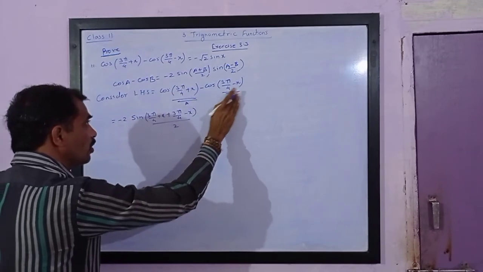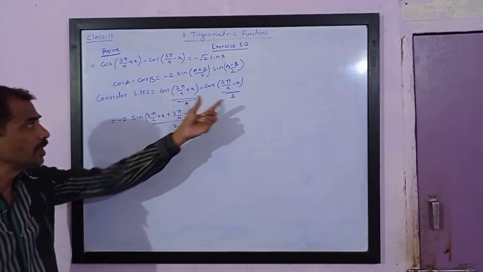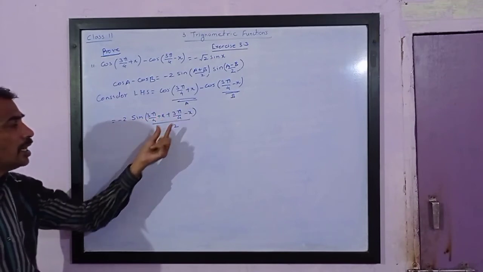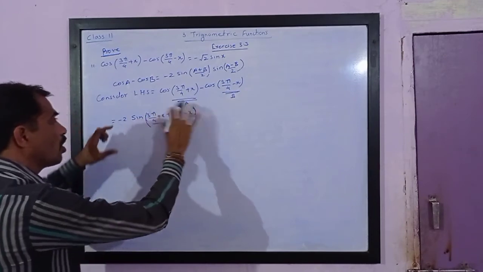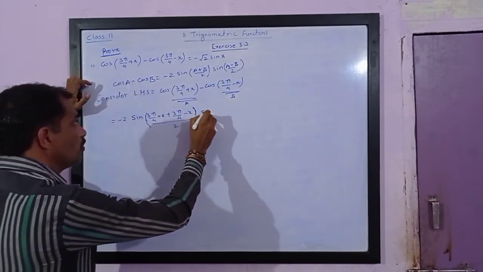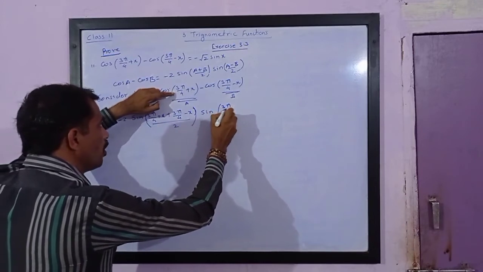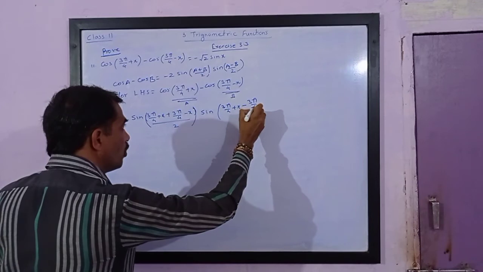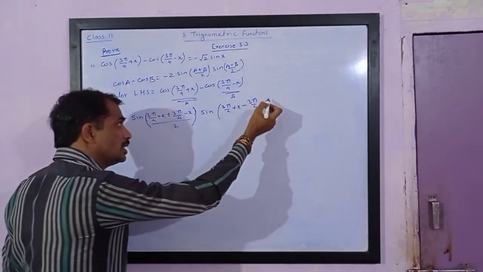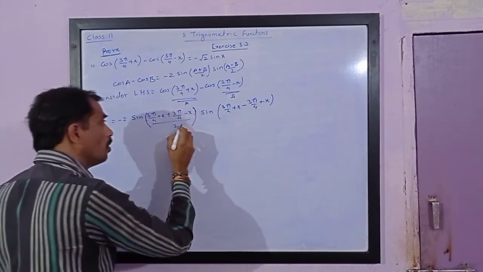The first angle we consider as A, and the second angle as B. So we will get A plus B upon 2, this is the total angle, the bracket is for all, into sine of (A minus B) upon 2. So this is 3 pi upon 4 plus x minus 3 pi upon 4. Please note, the minus is for minus x also, so it becomes plus, upon 2.